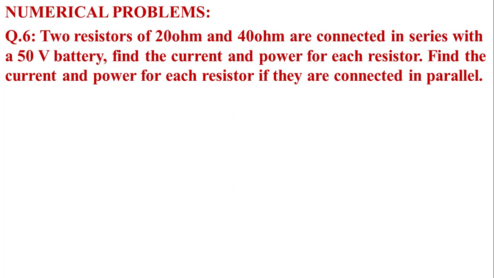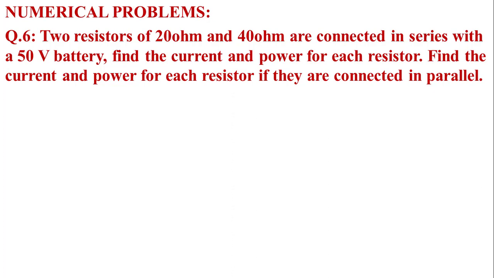So here two resistors are given, 20 ohm and 40 ohm, connected with a 50 volt battery. We find the current and power in both combinations, series and parallel.